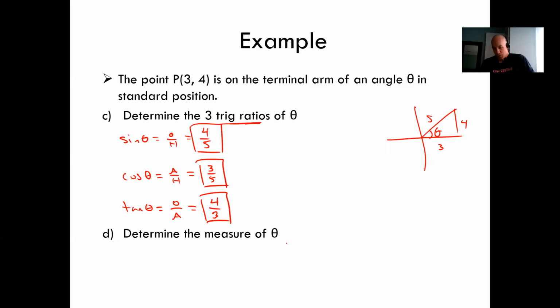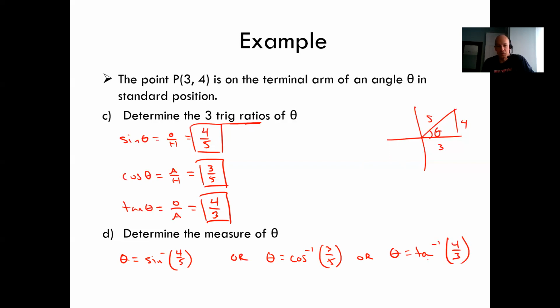Determine the measure of theta. Well, that would require us to use one of these 3 equations and use the inverse. So we could say theta equals inverse sine of 4 over 5, or theta equals inverse cos of 3 over 5, or you could use theta equals inverse tan of 4 over 3.